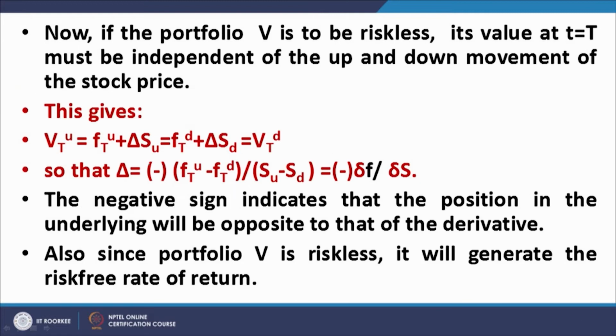Now, if the portfolio V is to be riskless, what does it mean? It means that irrespective of whether the stock price goes up or the stock price goes down, which is a random event, please note this. We are talking about the stock following a random walk. So, obviously, whether it goes up or down is a random event and it can be modeled as a random variable, but the important thing is that it is random.